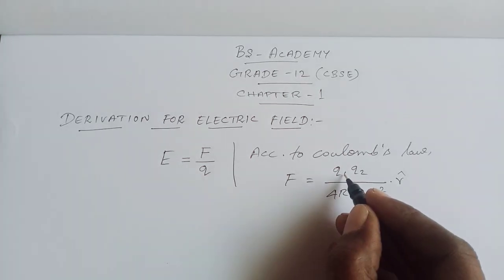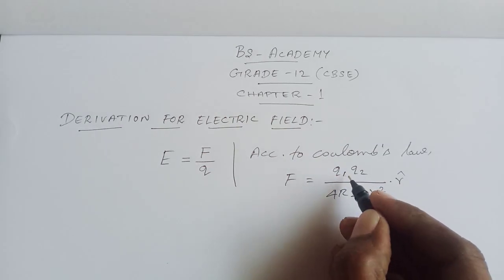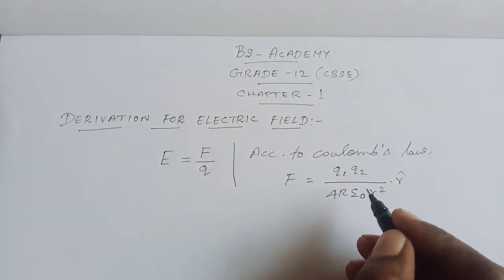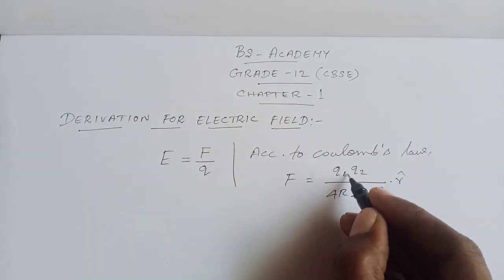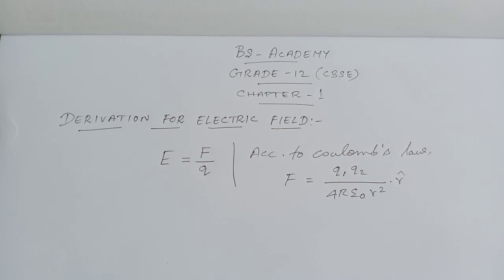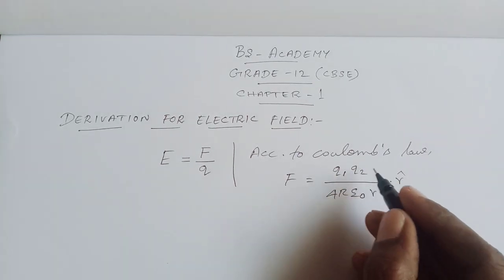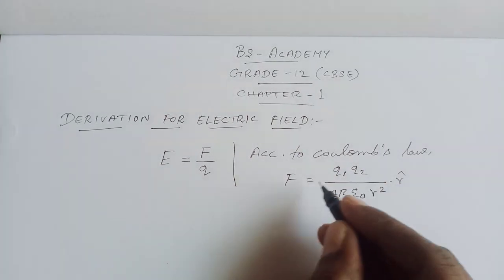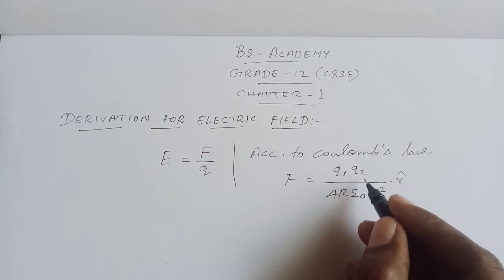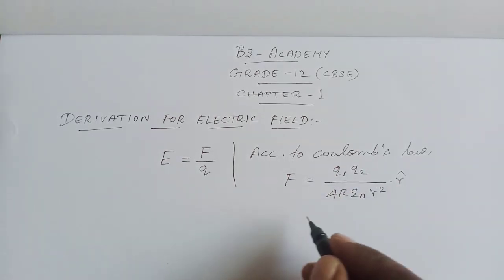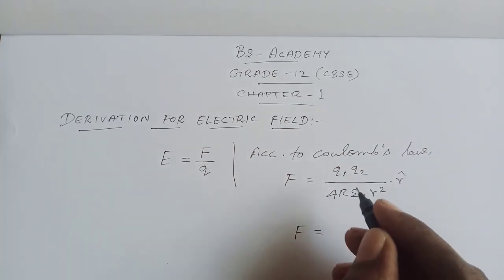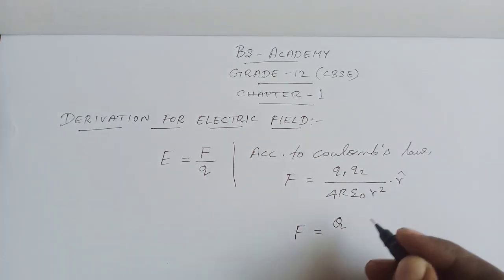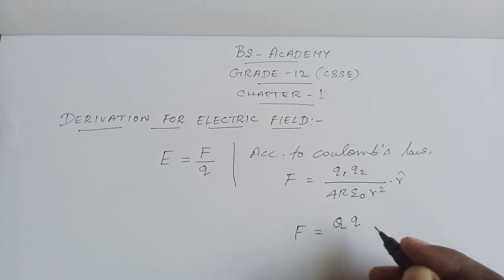In Coulomb's law we considered the two charges as Q1 and Q2. But for electric field, you can consider Q1 as capital Q and Q2 as small q.